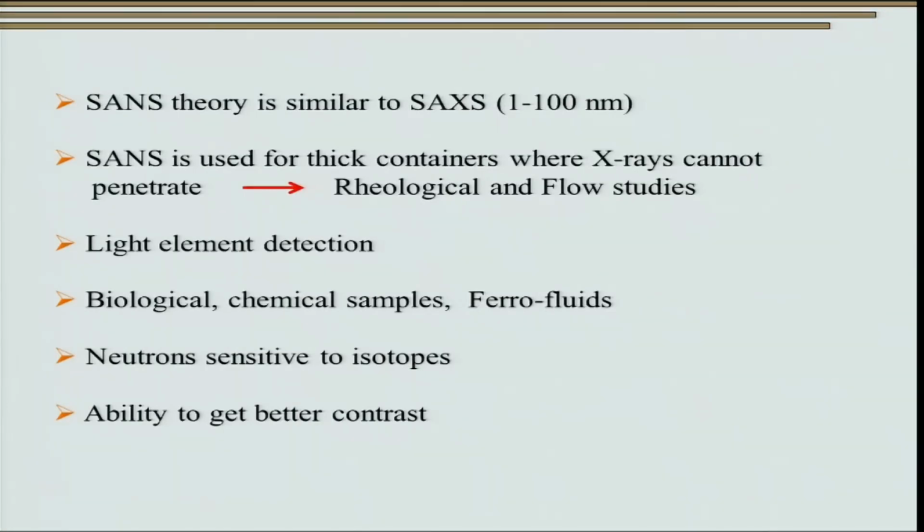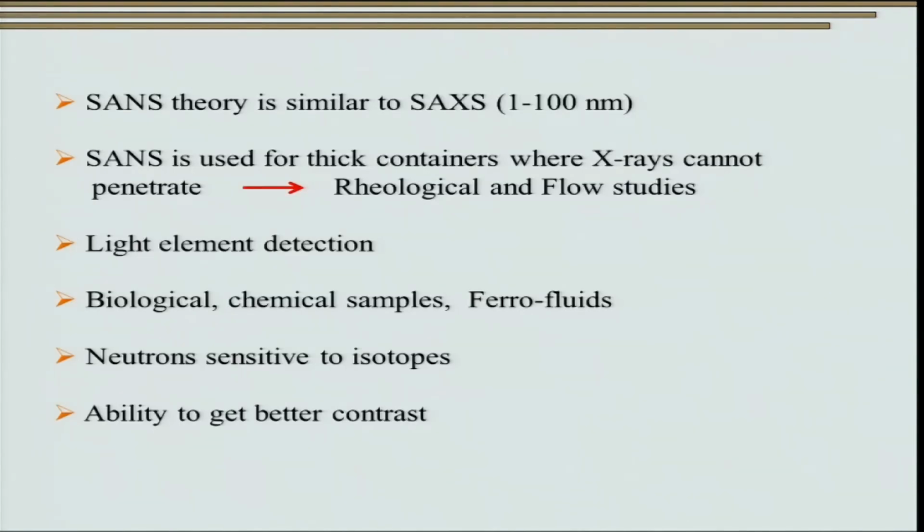Let us move on, and I would like to remind you again that the small angle neutron scattering theory is exactly similar to that of small angle X-ray scattering theory, and for most practical applications, we have the same size regime.